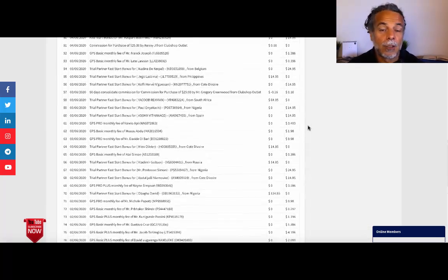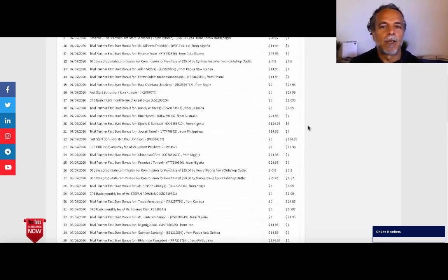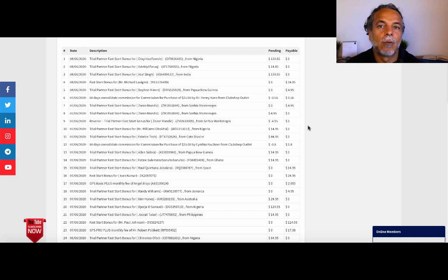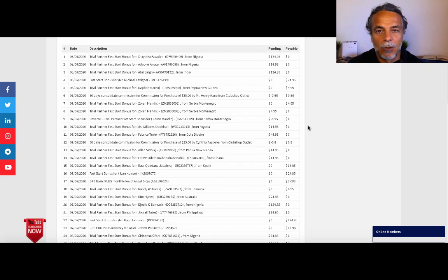During the month, these pending commissions can become payable, or you can add more pending commissions, or directly new payable commissions, depending on how those commissions are generated. For instance, if it is commissions coming from a trial partner, of course it will be pending and it will become payable when the trial partner confirms the GPS. But don't panic if those commissions don't become payable right away, because it's absolutely normal. We will talk about this a bit later.